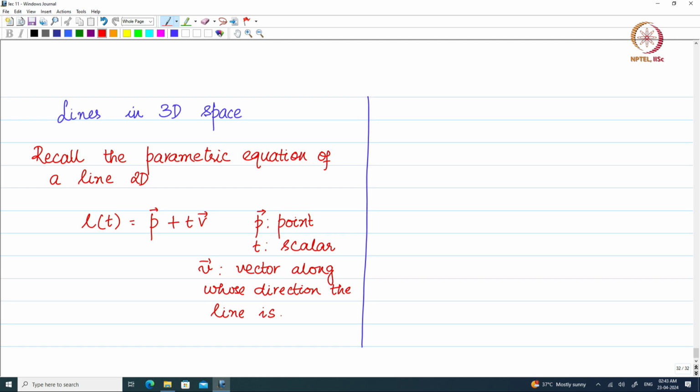Now, there is something interesting that happens here in 3D also. We find that the representation of the line, the parametric equation of the line, is basically the same.